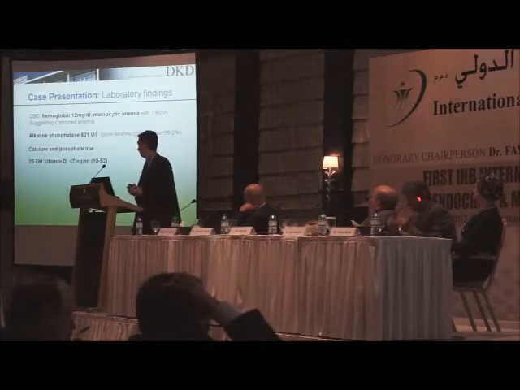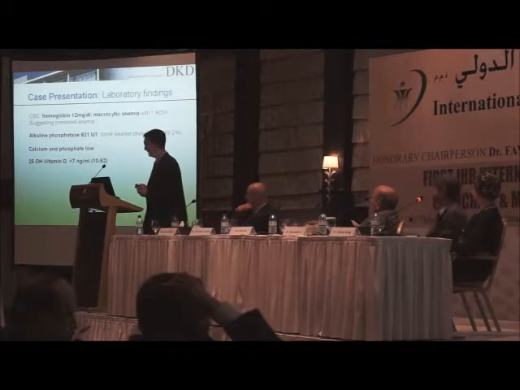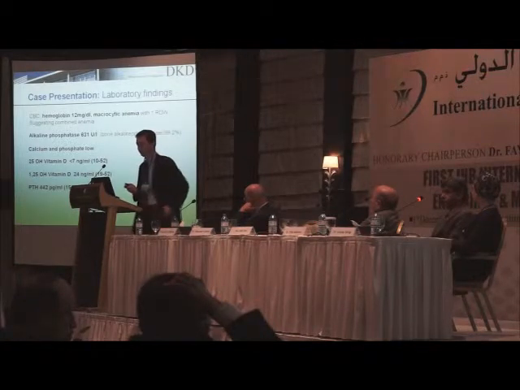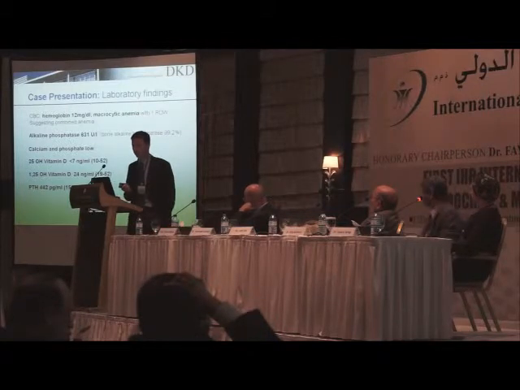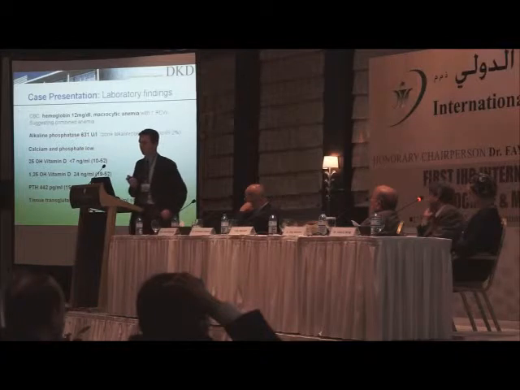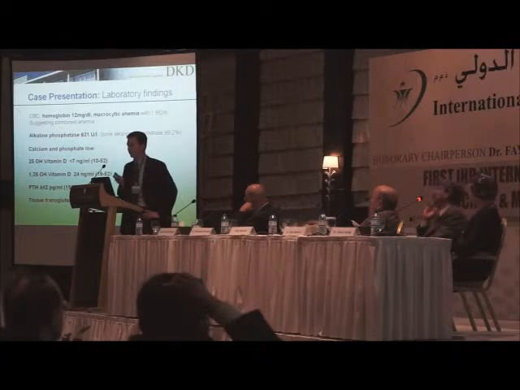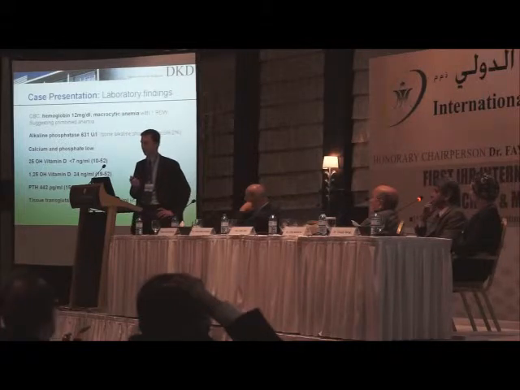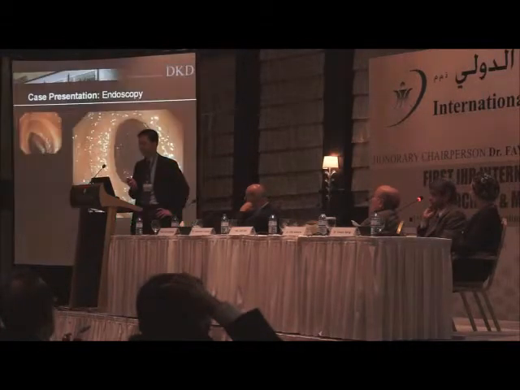He also had 25-hydroxyvitamin D that was almost not detectable. The 1,25-hydroxyvitamin D was detectable, and the PTH was, not surprisingly, very high due to secondary hyperparathyroidism. He also had a high tissue transglutaminase antibody, which shows that he does not adhere to his diet very well and that he has inflammatory activity due to his celiac disease.